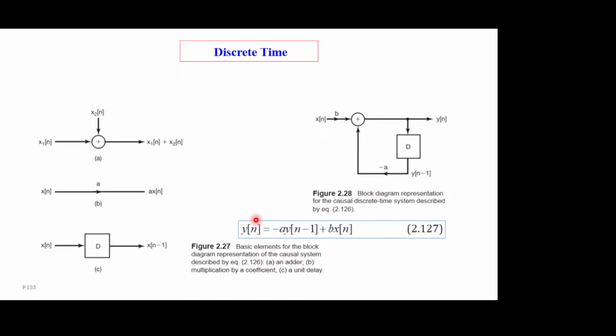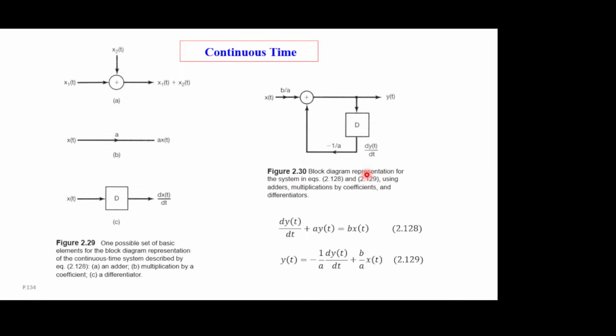Because you see one side has y, another side has y, so you want some feedback loop. So you also have some y in the beginning. Okay, so that's the discrete time case, and for the differential equation it is similar.